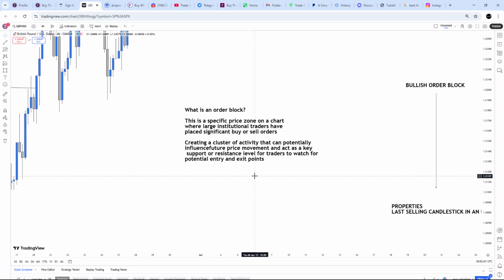When these zones are created, the market might retest them, and that might give the market the momentum to continue in the direction it has been going.